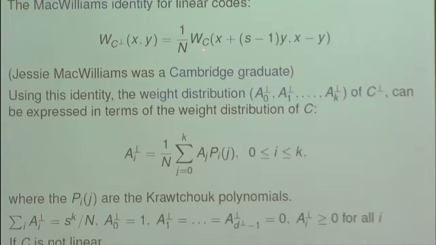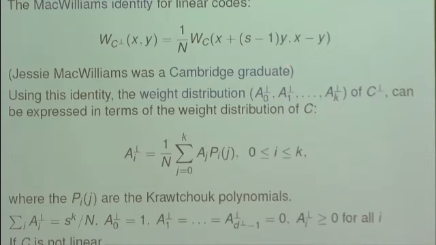And now remember, just as we had a weight distribution for the original code, there's a weight distribution for the dual code, let's say A_0 perp to A_k perp. So the coefficients of the polynomial here can be equated to coefficients of the polynomials over here. That means that these A_i perps can be expressed in terms of the A_i's.